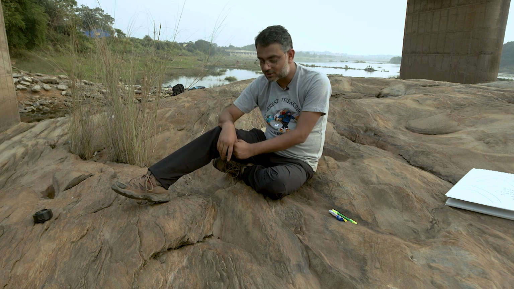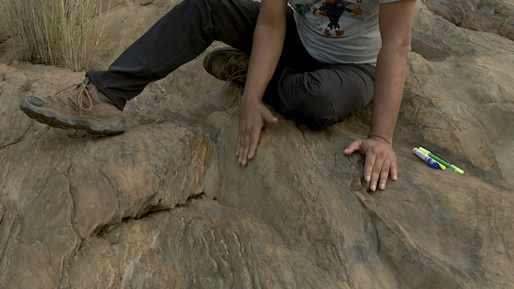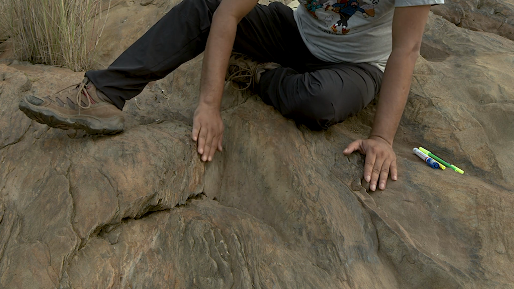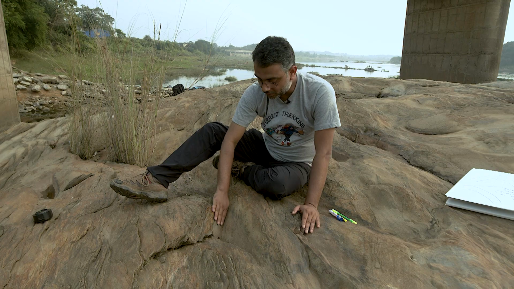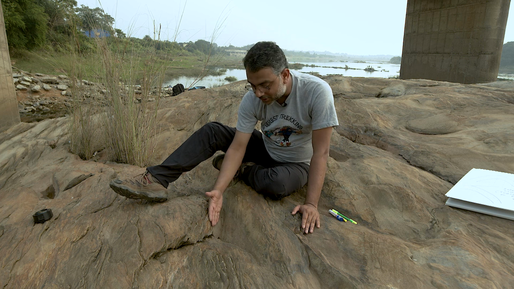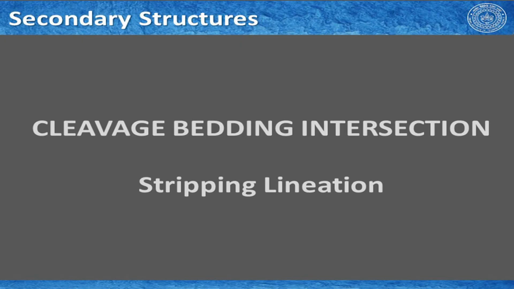In this particular exposure, we have seen the trace of the beddings on the foliation plane, and on this surface we saw the trace of the foliations on the bedding plane in the same place, positioned just side by side. How beautiful this could be for a structural geologist.